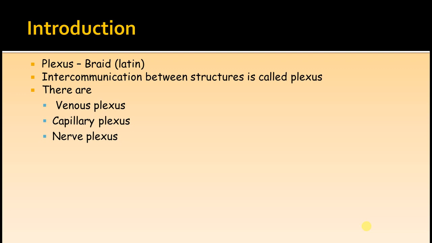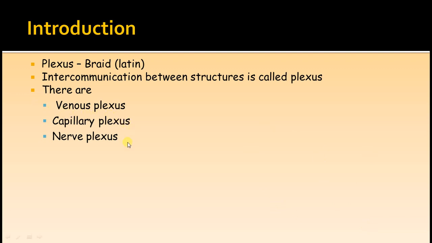There is some intercommunication between these arteries, but this plexus is not very well organized or designed. We won't be able to make out all the branches. We can just simply analyze which arteries are taking part in it, but how they form the branches will not be very clear, especially in the case of the venous plexus.